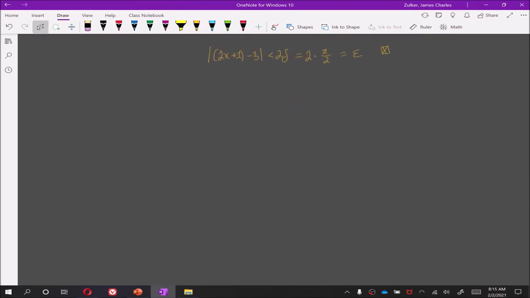All right, next, let's look at this limit. And again, we want to prove it. Again, let epsilon greater than 0 be given.